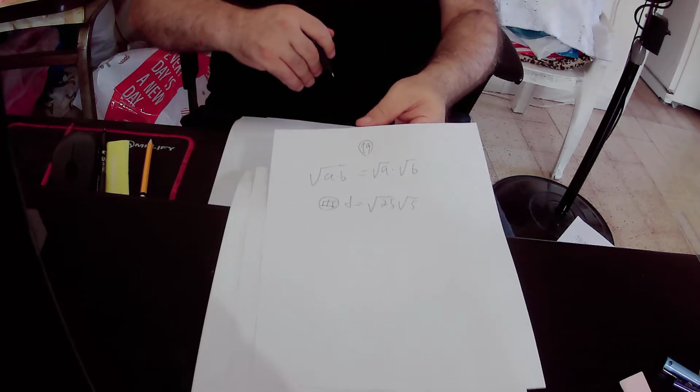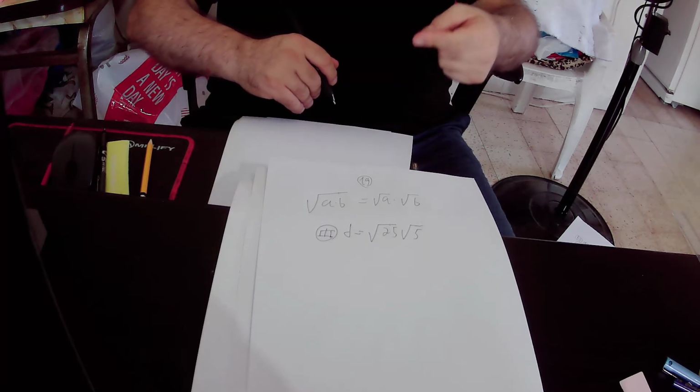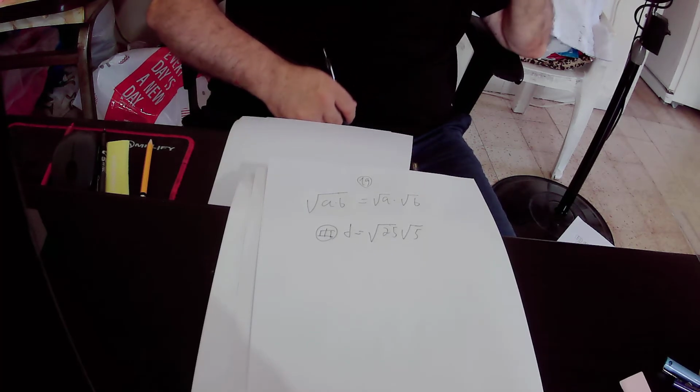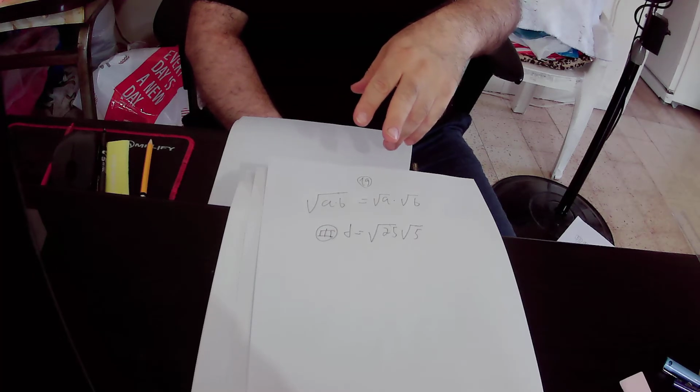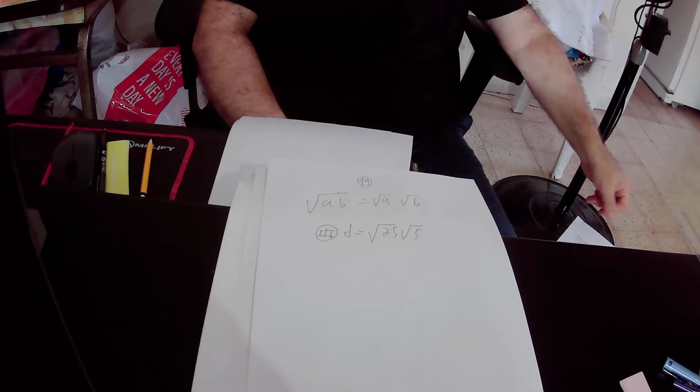So instead of the root of 25 times 5, we can write d equals root 25 times root 5.